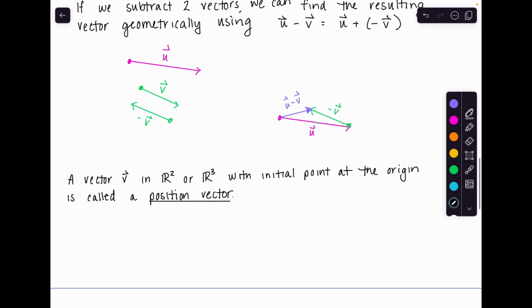So to give you a visual of this, R2 again is just our XY plane. Here is X, here is Y, and our position vector is going to start at the origin and have some terminal point in one of these quadrants. Let's just make it quadrant 1 to be easy.